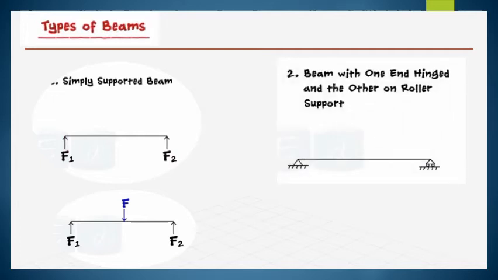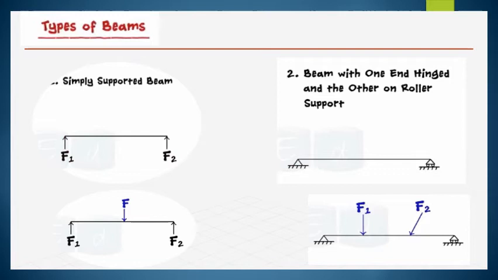Here you are seeing a beam with supports. It is classified as a beam with one end hinged and the other on a roller support. Because the hinged support can resist horizontal motion also, it can be subjected to any kind of forces: vertical, inclined, moment, any kind of forces.